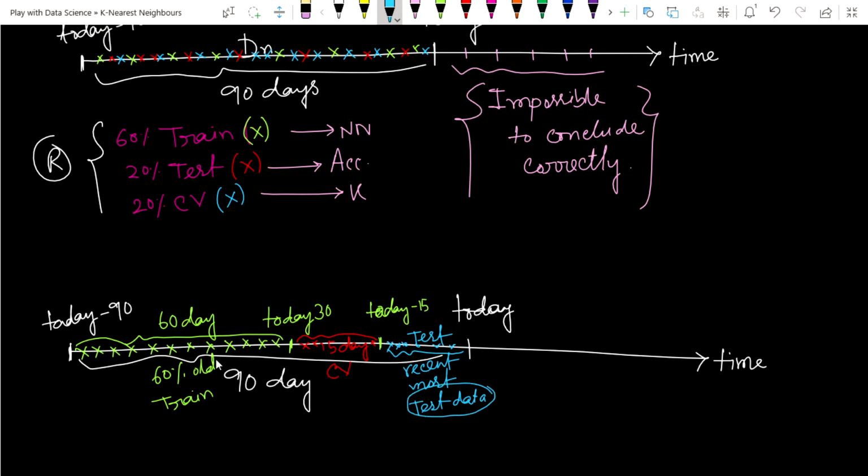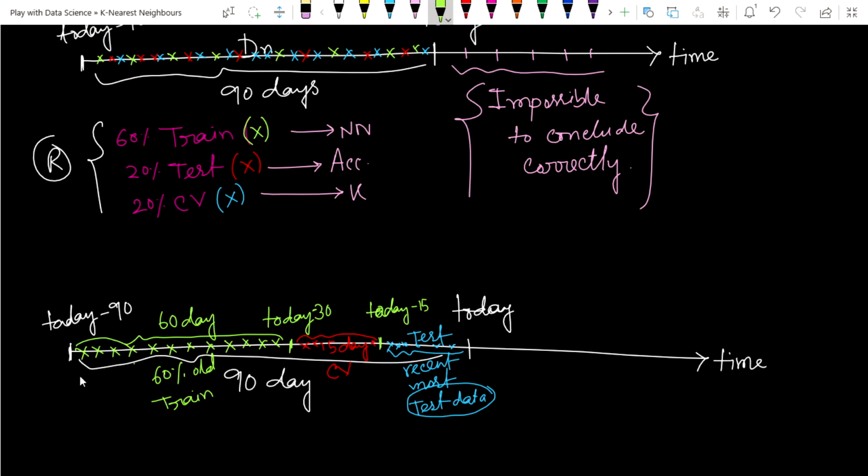So in such situations, according to this old data, we have decided our NN nearest points.